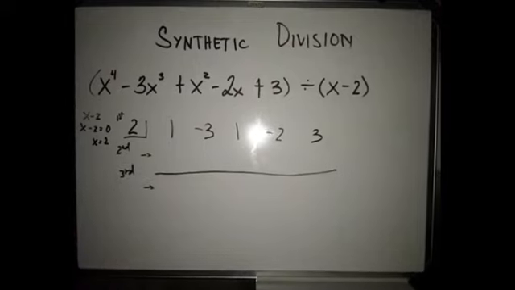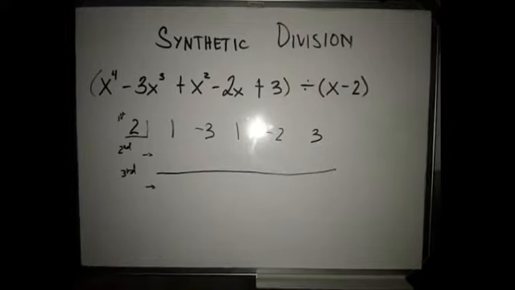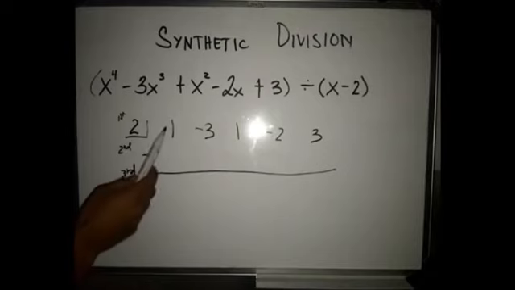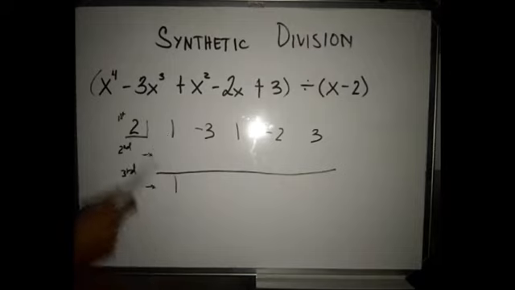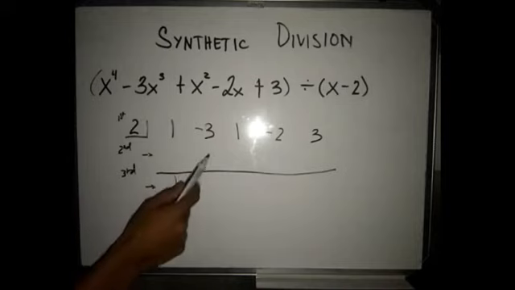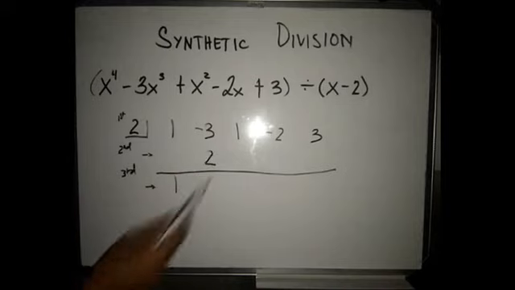Okay, so the first thing that you're gonna do kapag naisulat nyo ng ganito would be bring down the first numerical coefficient, or yung leading coefficient natin. So that is 1. 1 times 2, that is 2.